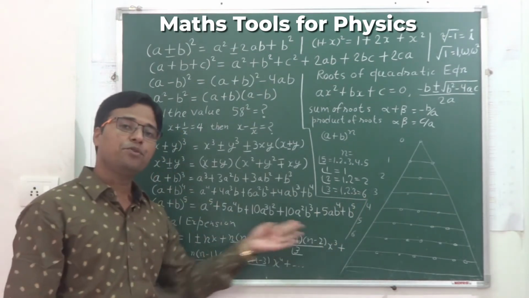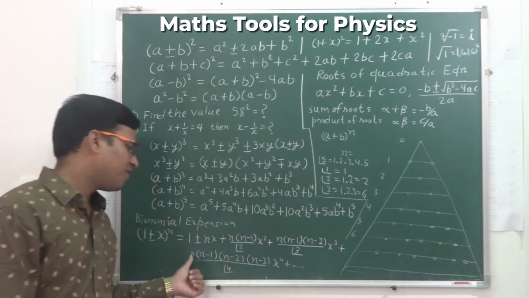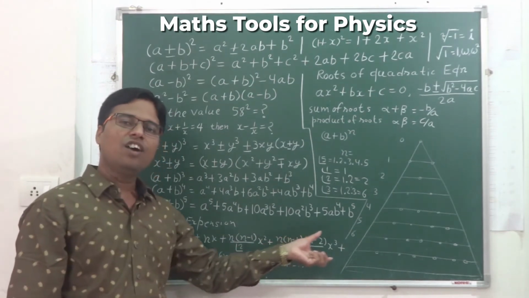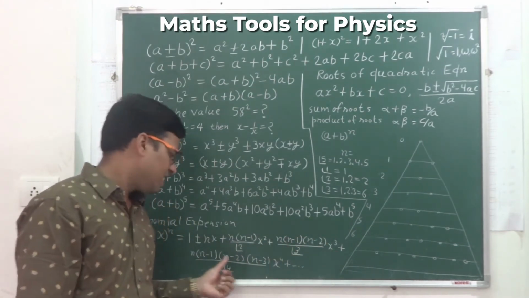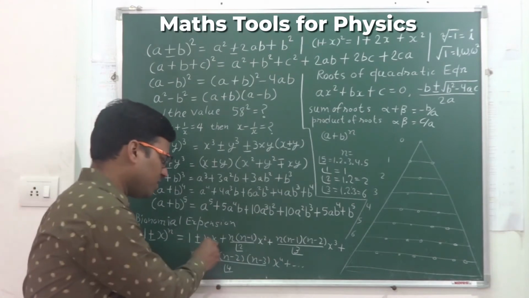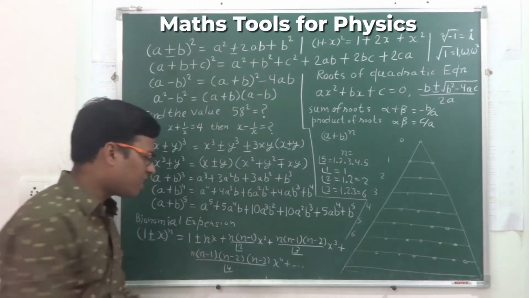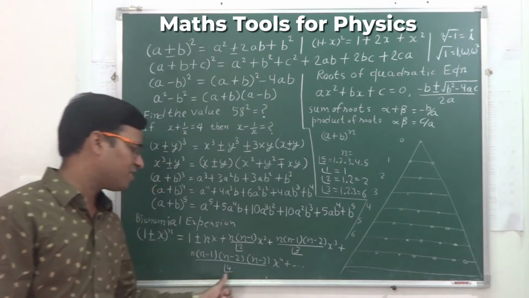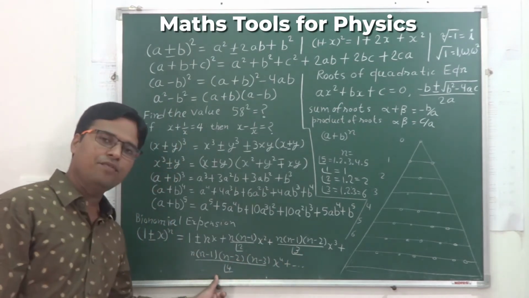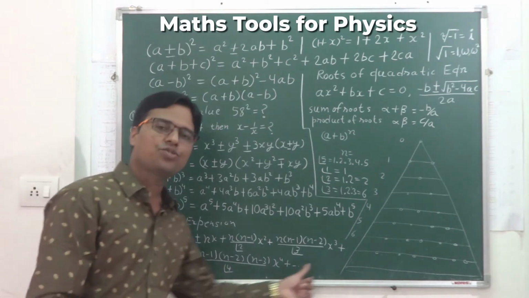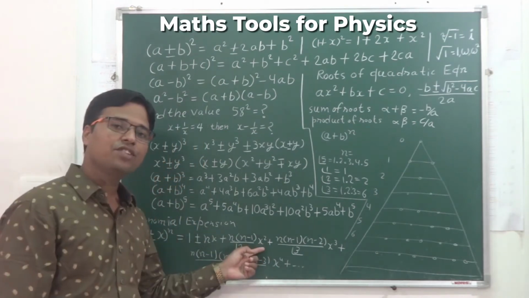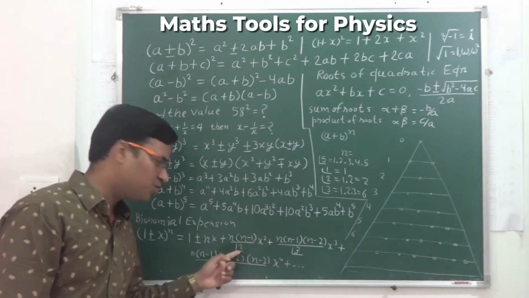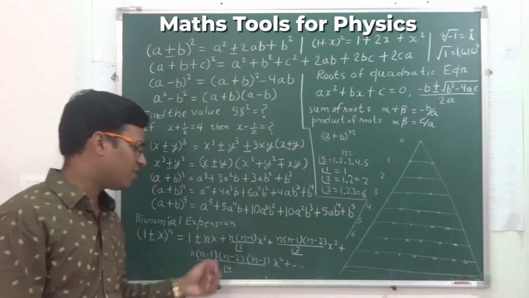But there is a beauty of mathematics where we get all our terms in a series. Here it is divided by 1 factorial, divided by 2 factorial, divided by 3 factorial, divided by 4 factorial, and so on. We have the power of x as 2, so here it is 2 factorial.